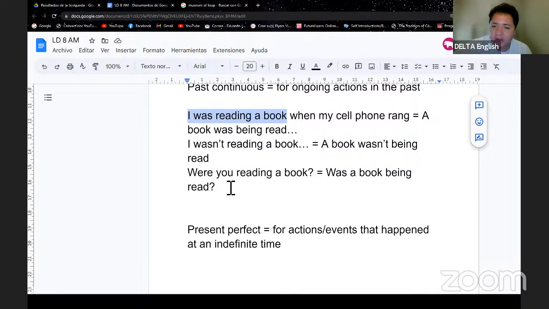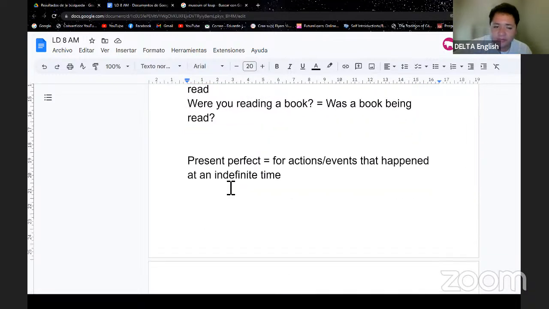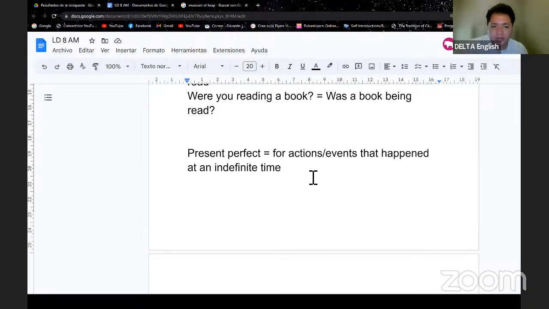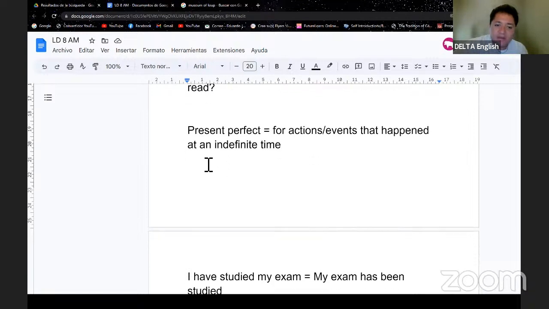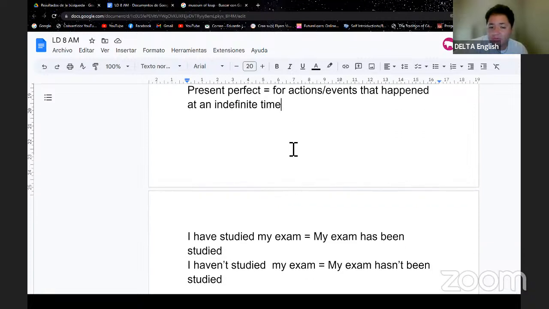And now the present perfect is for actions or events that happen at an indefinite time. Indefinite time means that you don't know when they happen. An indefinite time could be, for example, before. I have studied my exam before.